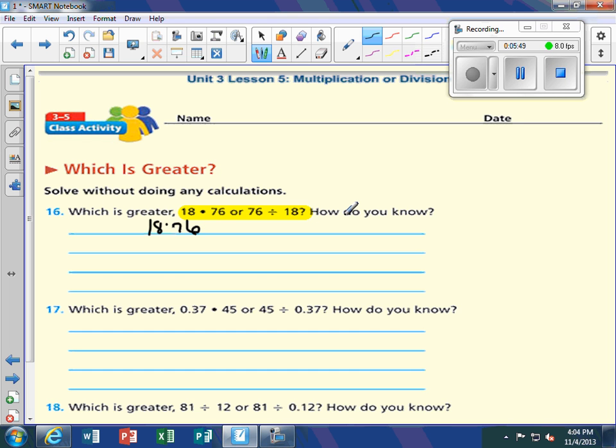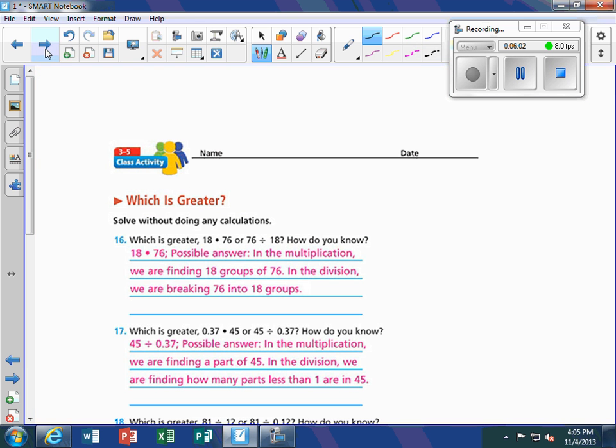The reason, again, is you're multiplying whole numbers or dividing whole numbers, not dealing with any decimals, anything less than a whole. If you look at the write-up, maybe it explains it better. 18 times 76. In multiplication, we are finding 18 groups of 76. So you're taking 18 groups of 76. In division, we are breaking those 76 into 18 groups.